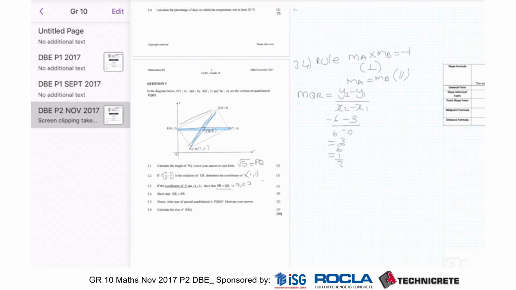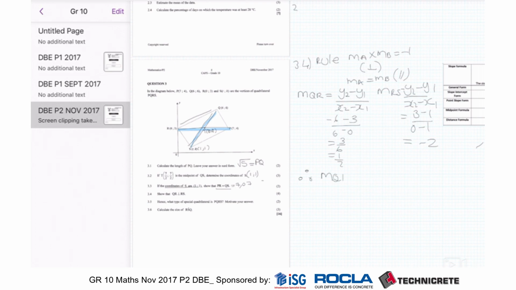Now let's find the gradient of the next one, which is RS. y2 minus y1 over x2 minus x1, R and S. So R is 3 minus 1 over 0 minus 1, which is -2. Therefore, remember I said that therefores are very important.